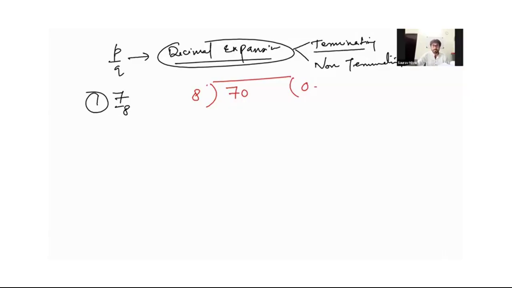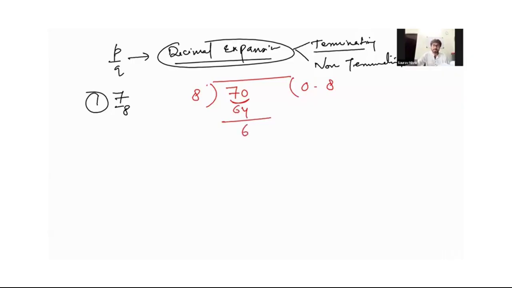After the decimal we can take as many zeros as needed, we do not write the decimal again and again. So 70, the nearest number in the table is 64, so it will be 0.8. Now 70 minus 64 will be 6.